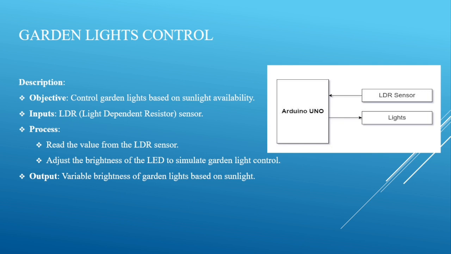Conversely, when the sunlight levels are high, indicating daylight, the system reduces the LED's brightness or turns it off, reflecting a decrease in garden light activity. This approach ensures that the garden lights are efficiently managed based on real-time light conditions, enhancing both convenience and energy efficiency.